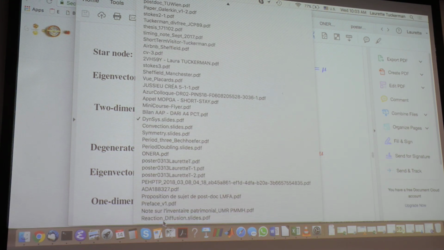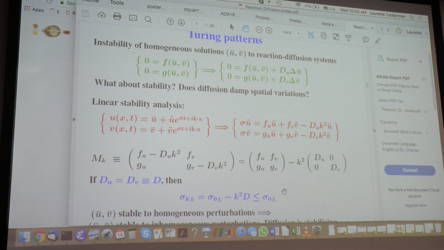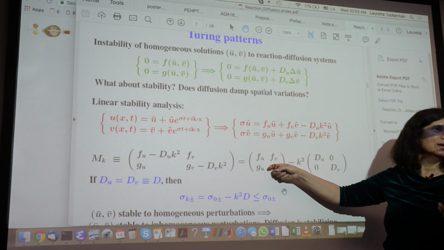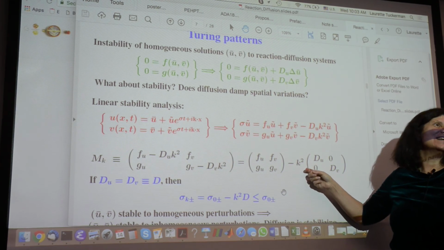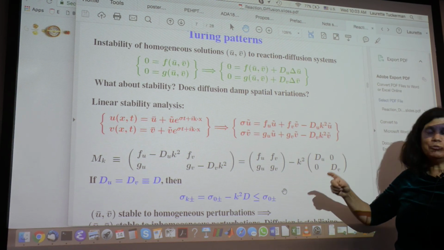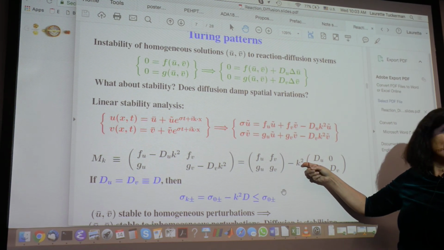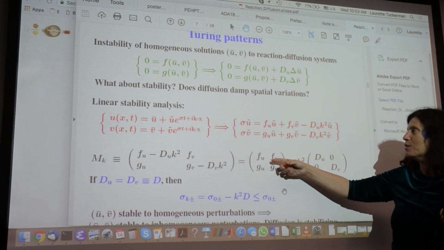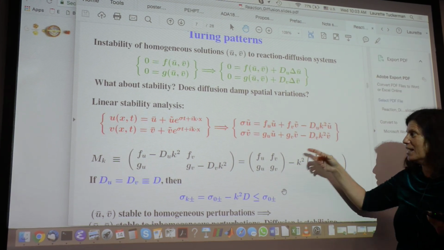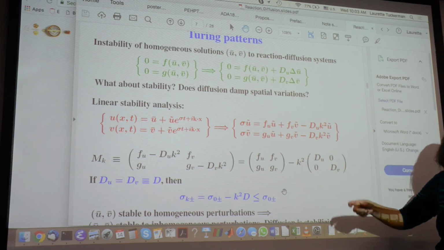And so if these two commute, then any eigenvector of this one is also an eigenvector of this one, since everybody's an eigenvector of this one, and it has a single eigenvalue, which is minus k squared d. So you just take whatever eigenvectors you had for this, and it's also an eigenvector of this, and the eigenvalue is altered by just minus k squared d.